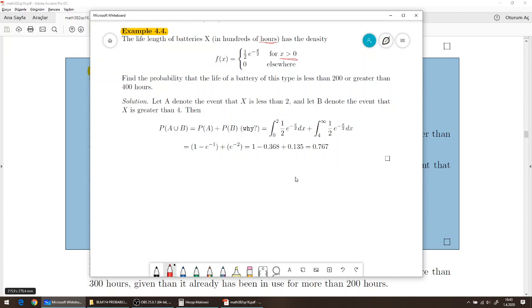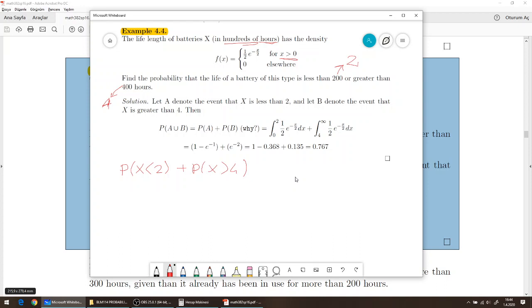Find the probability that the life of a battery of this type is less than 200 hours, but the question says hundreds of hours, so 200 means 2, and greater than 400 means 4. That means the probability that X is less than 2 plus the probability that X is greater than 4.